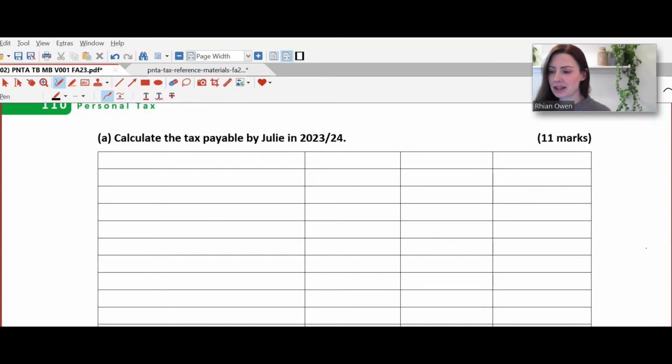Okay, so the best way to set this out is to, first of all, have non-savings income, and then we've got savings, and then dividends. And first of all, we've got employment income.